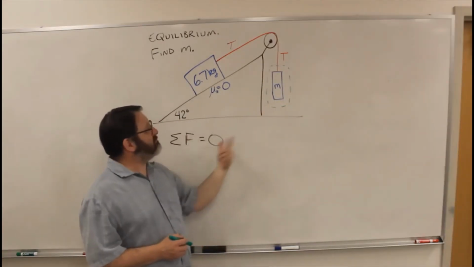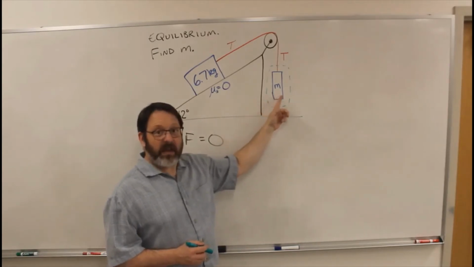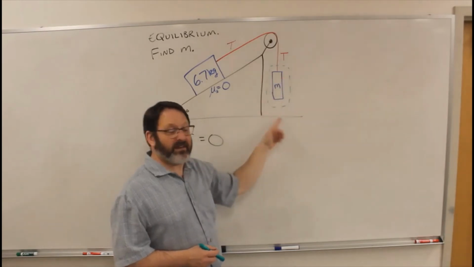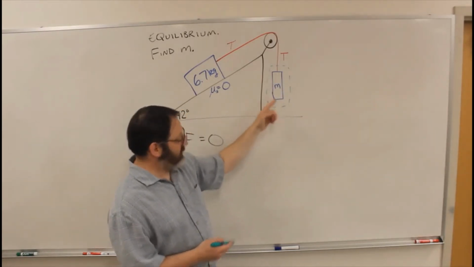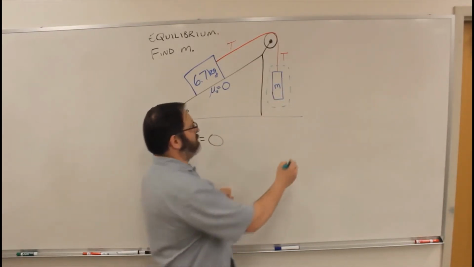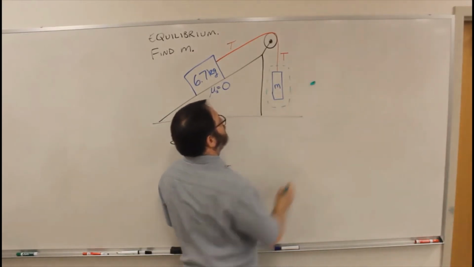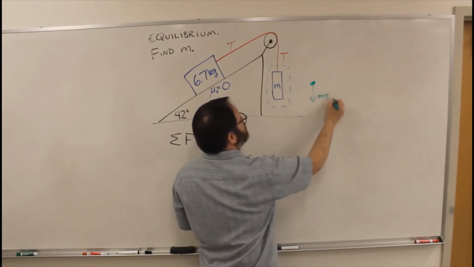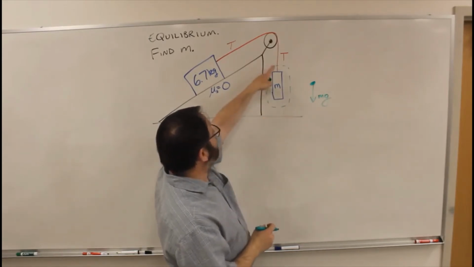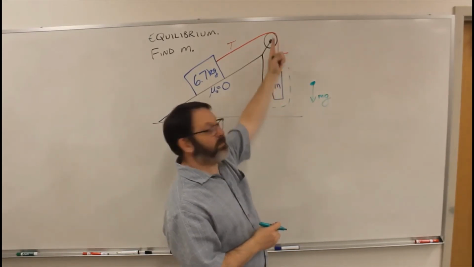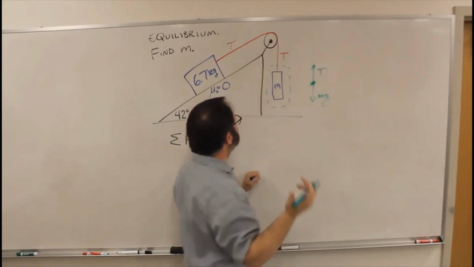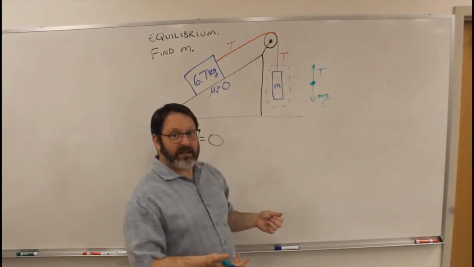sum of forces on that system, this M is hanging here in equilibrium, right? The whole thing's in equilibrium, so this piece also should be in equilibrium. So if I make a free body diagram for that mass, I know we've got gravity, mg down, T always pulls, right? So it's pulling up, and that's it.